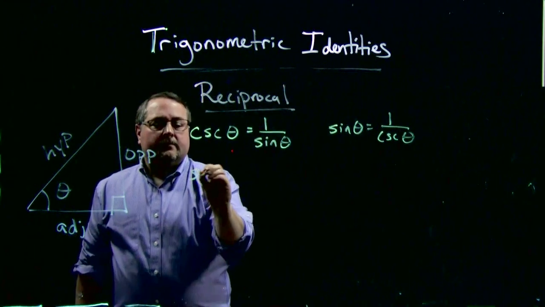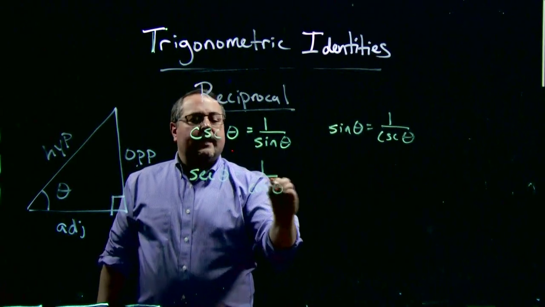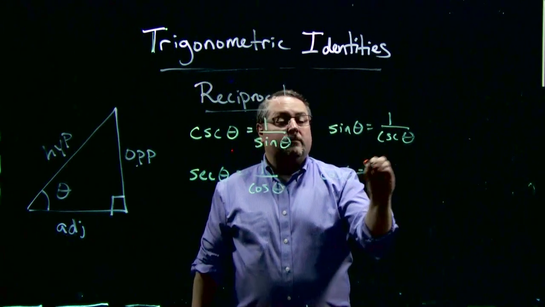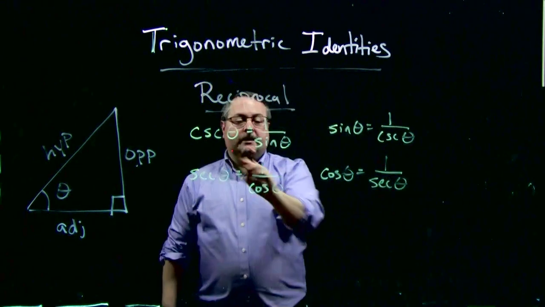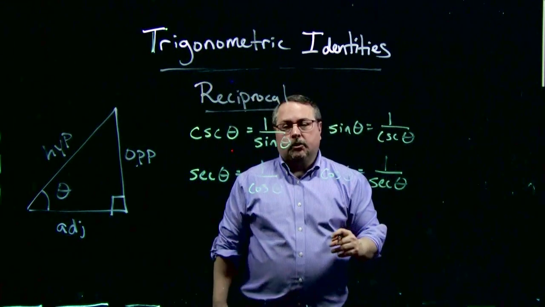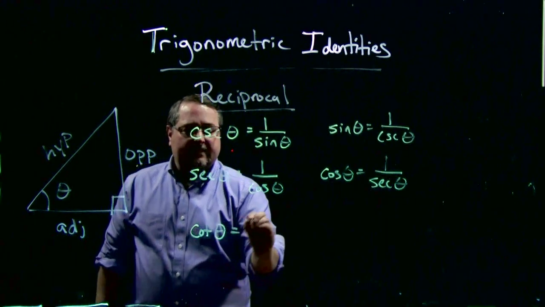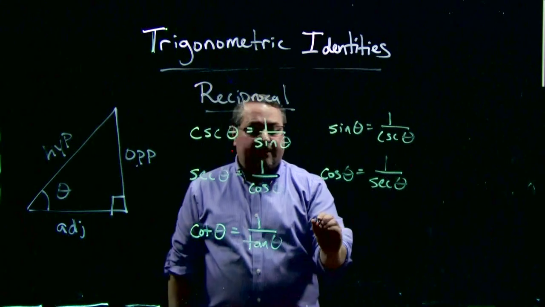Similarly, secant and cosine are reciprocals of each other. So secant is the reciprocal of cosine and vice versa. And finally, cotangent and tangent are reciprocals of each other.